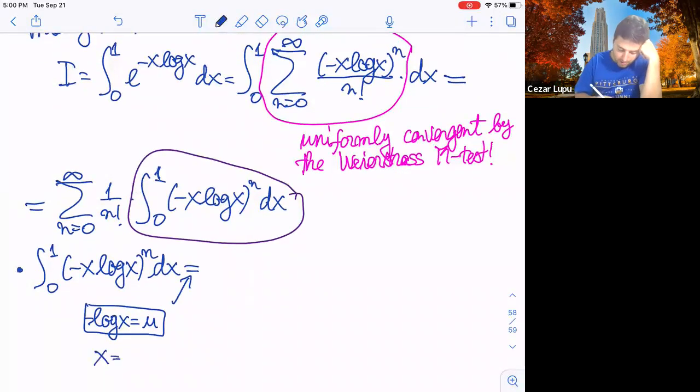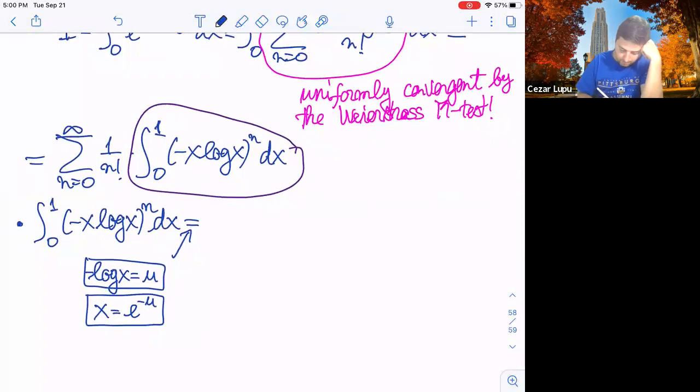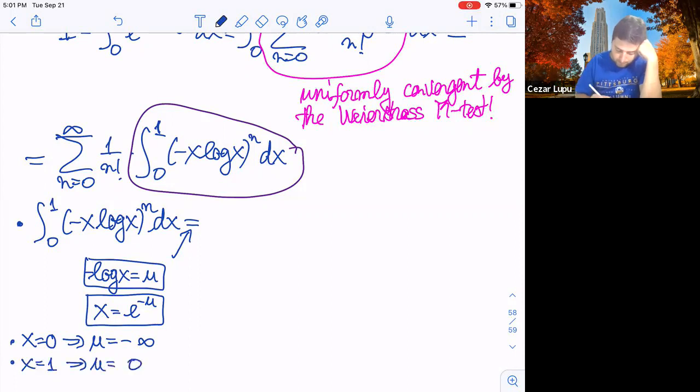So this would mean that x is e to the negative u. Great. So now let's see, when x is 0, I'll have that u is infinity. And when x is 1, u is 0.